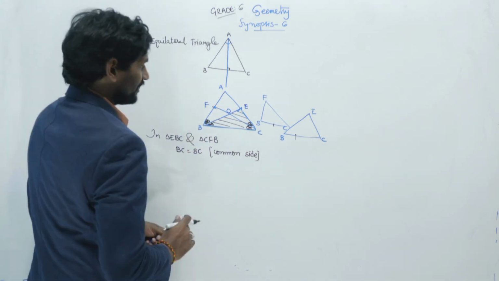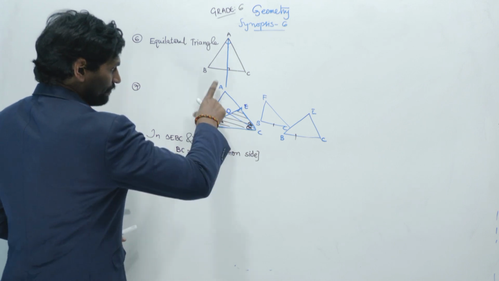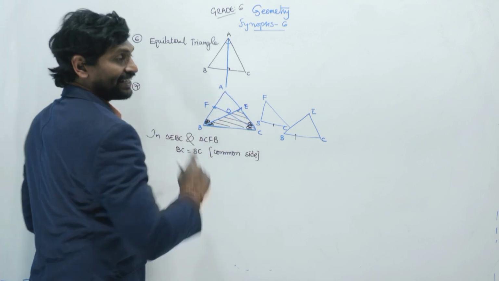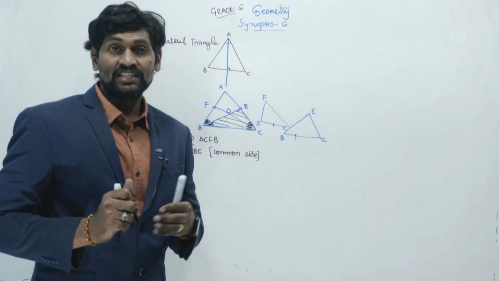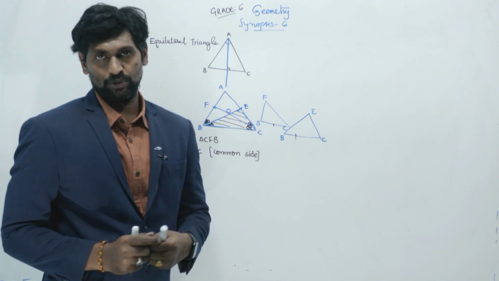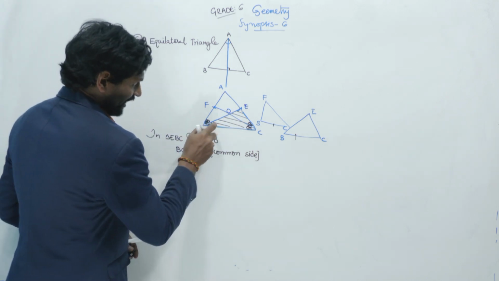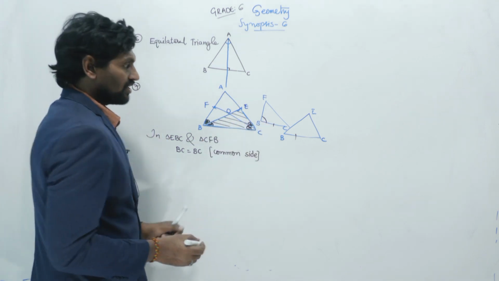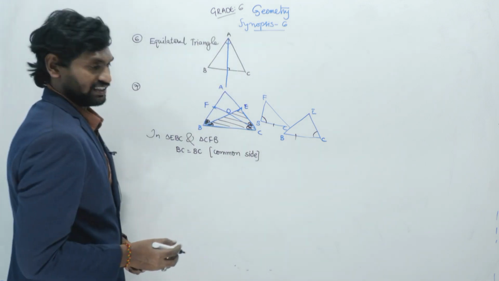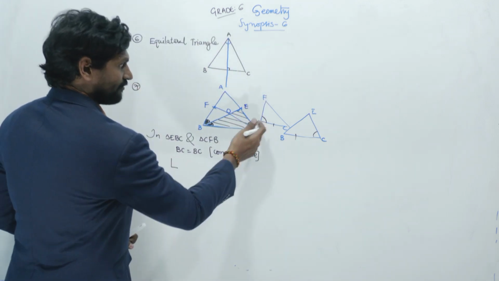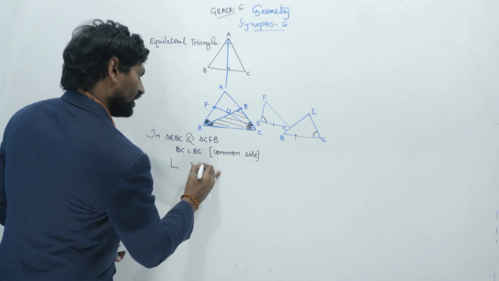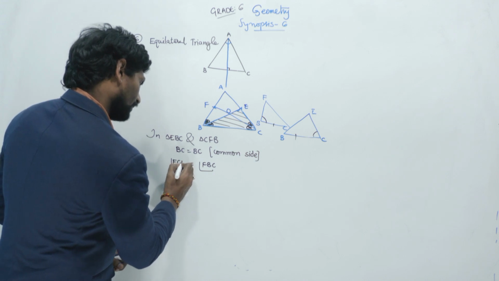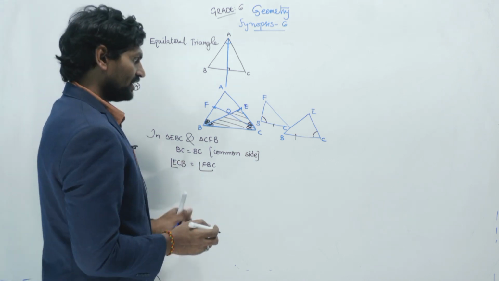Let us try to identify the measurements. We know already that AB equals AC. From this we can say that ABC is an isosceles triangle. In an isosceles triangle, base angles are equal. Base angles means here the entire angle B, that is angle FBC, is equal to angle C. That means angle FBC equals angle ECB.